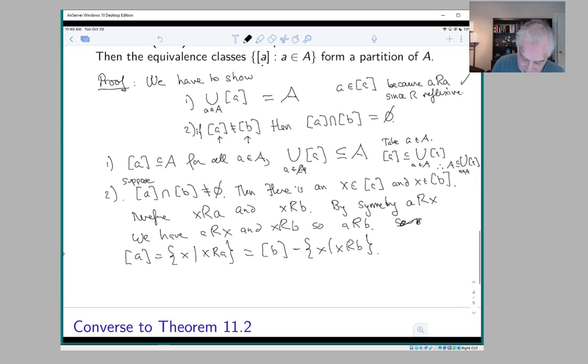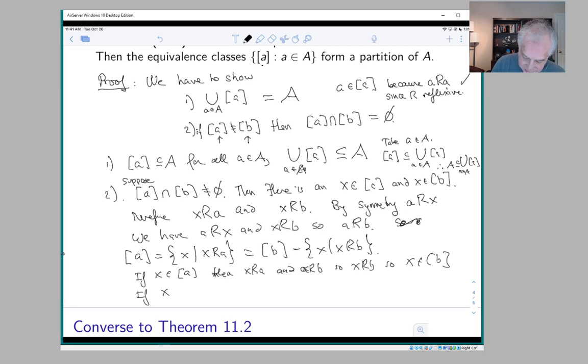And why is that true? Well, first of all, remember we have to prove that they're subsets of each other. If x is in [a], then x is equivalent to a, and a is equivalent to b, so x is equivalent to b, so x is in the equivalence class of b.